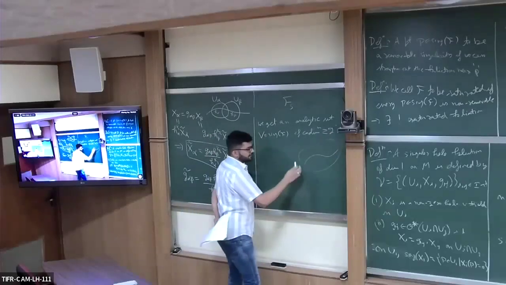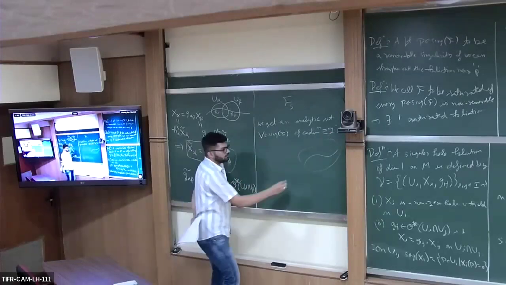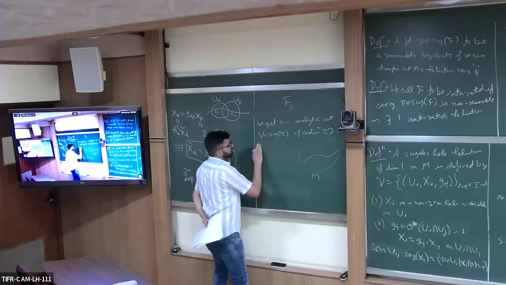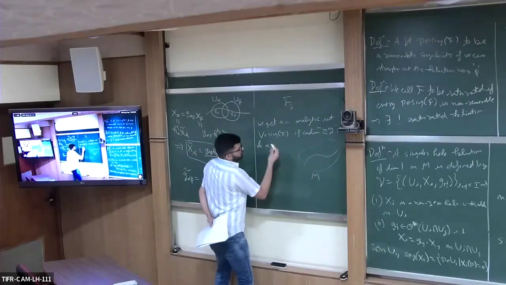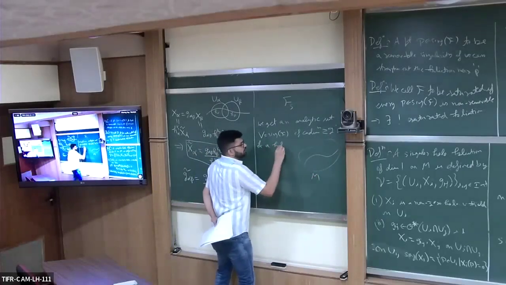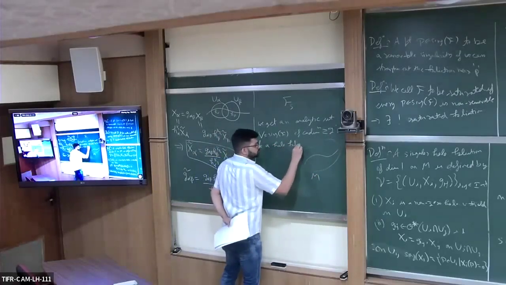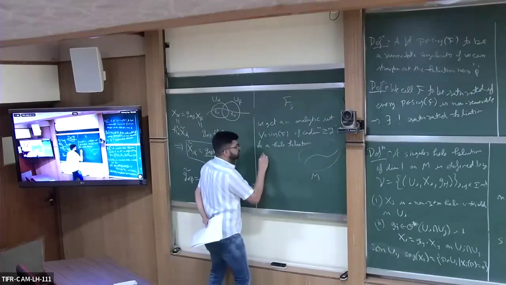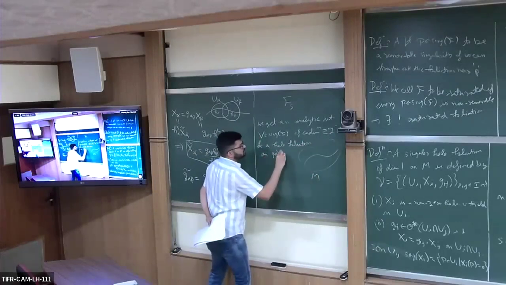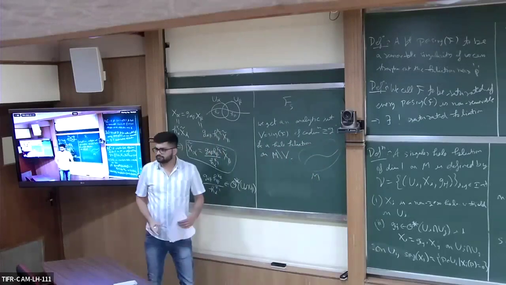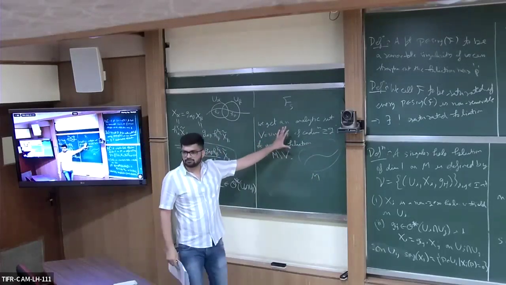We get a small analytic set in the manifold, and a holomorphic foliation on M minus V.